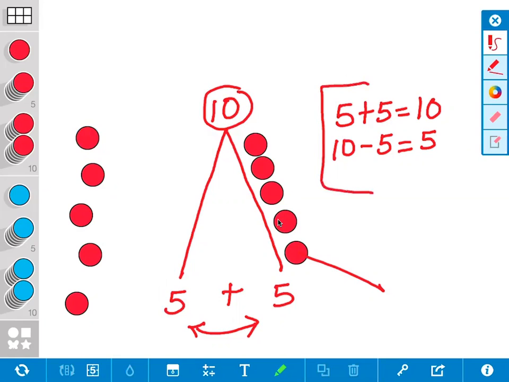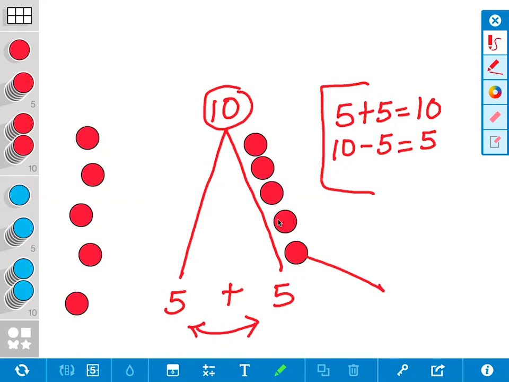So when you have a math mountain or a related fact that includes an equal partner or a double, you're only going to get one addition equation and one subtraction equation. So that makes this a little bit different. So think about that when you're doing your math mountains.